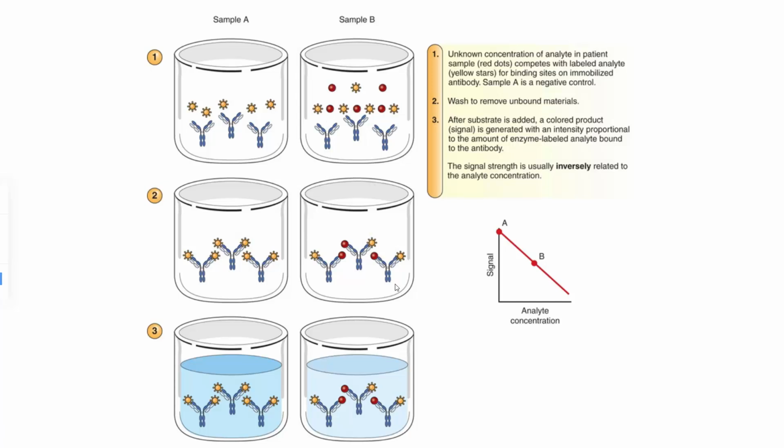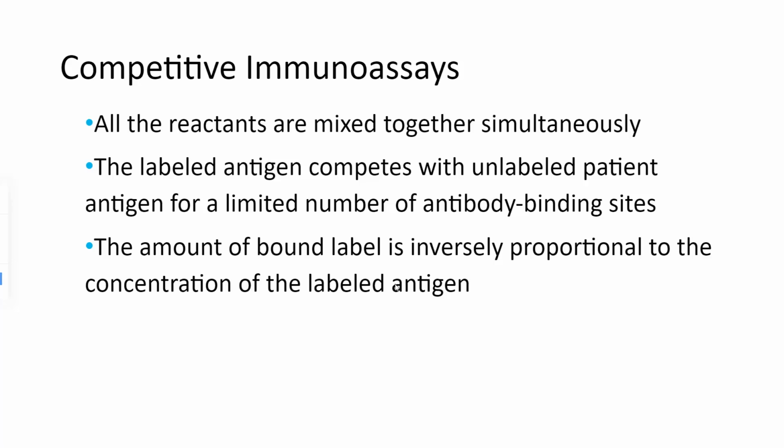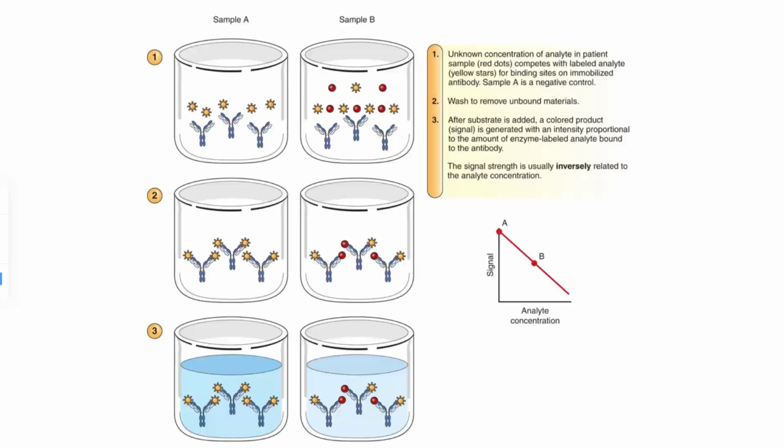This is what's meant by it being inversely proportional. Because they're competing for a limited number of antibody binding sites, if the antigen is found in the patient, it's going to take up some of those sites, and the labeled antigen isn't going to be able to bind. So that's going to be washed away, and this is what we're going to be left with.